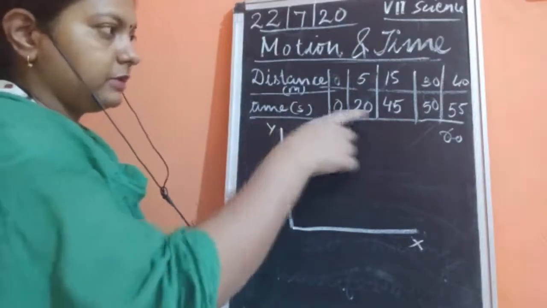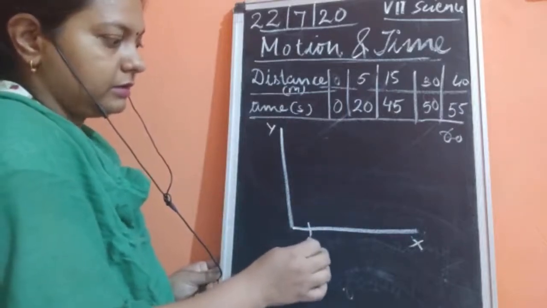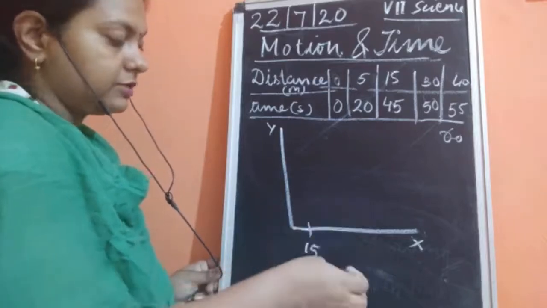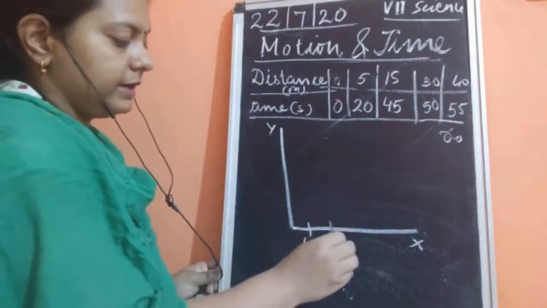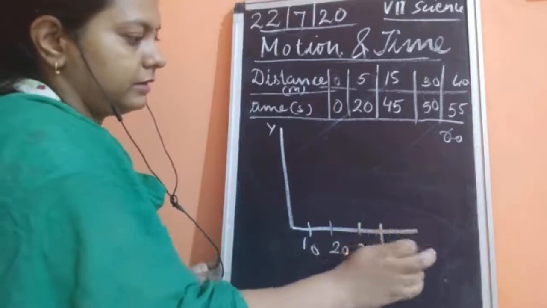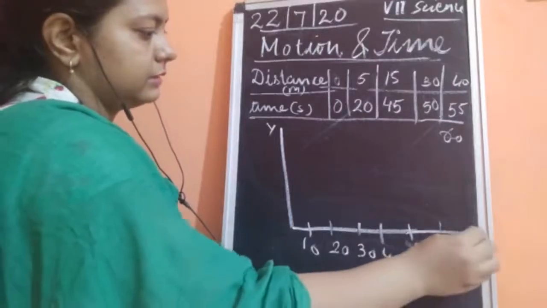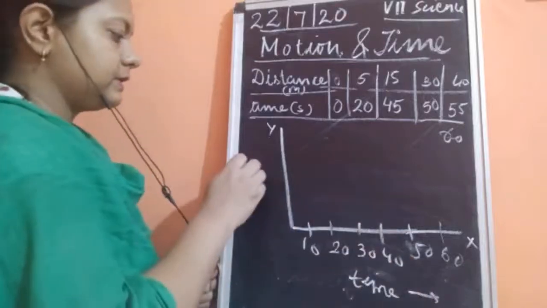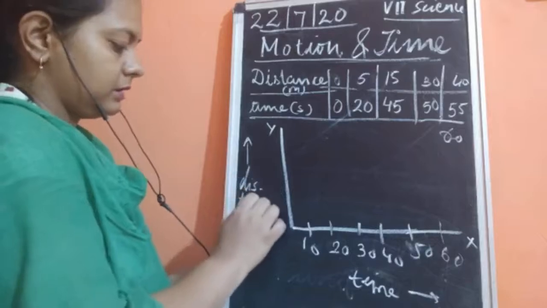We'll take 10, 20, 30, 40, 50, and 60 seconds. This is the x-axis. This is time. This is distance, in meters.